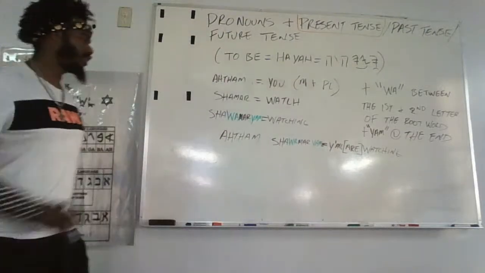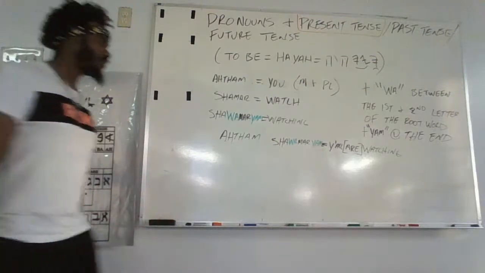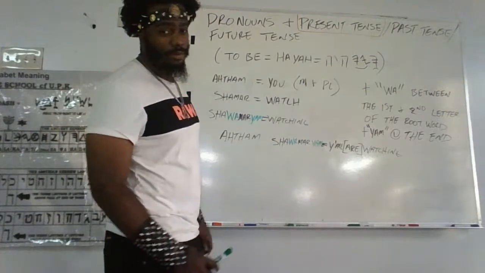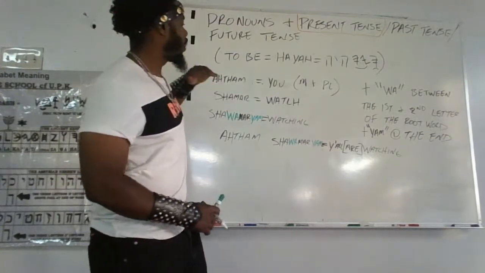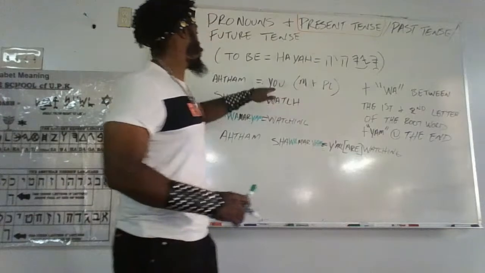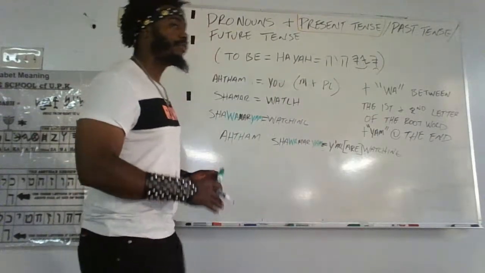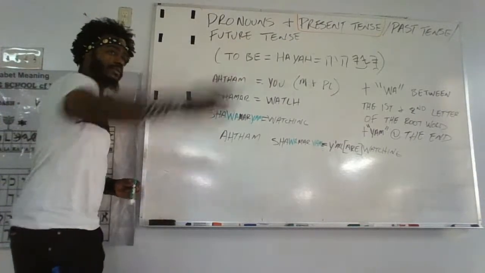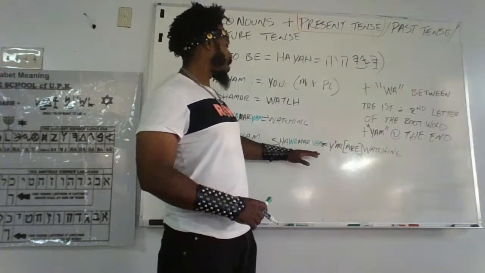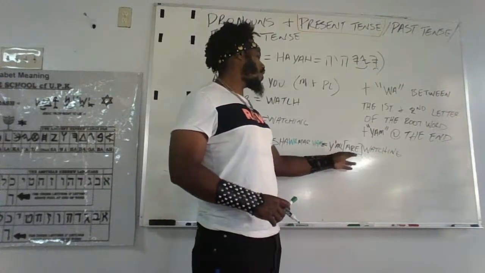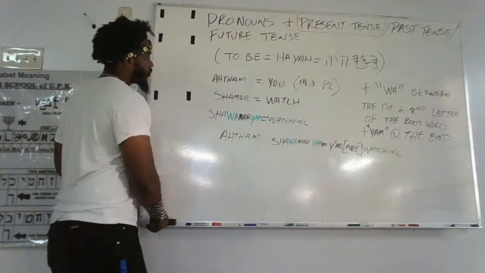You all are watching in a masculine sense, in a plurality. You know, in Texas, we say y'all. So atham is the masculine plural form of you. So plural is a group of people. So that's why we're talking to y'all. So it would be atham shawamarium, which means y'all are watching. So I'm talking to a group of men.